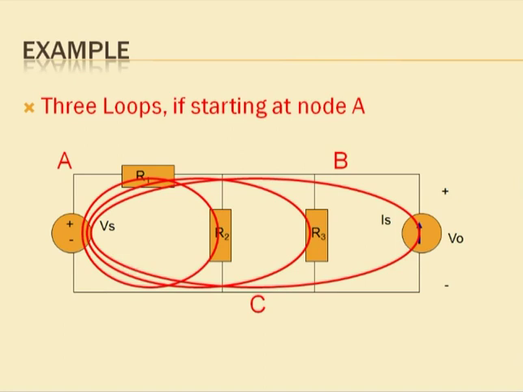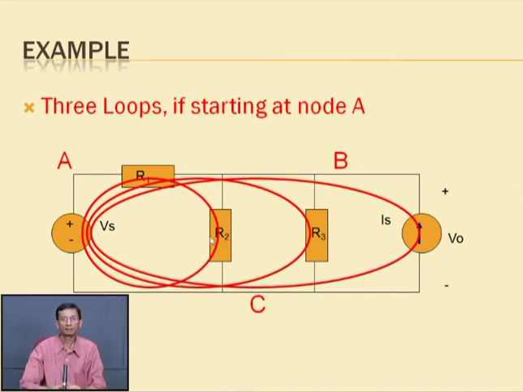It is possible that in this circuit different loops are there. Suppose I start from point A, then go through resistance R1, then through resistance R2, then through the negative of the voltage source, back to point A.